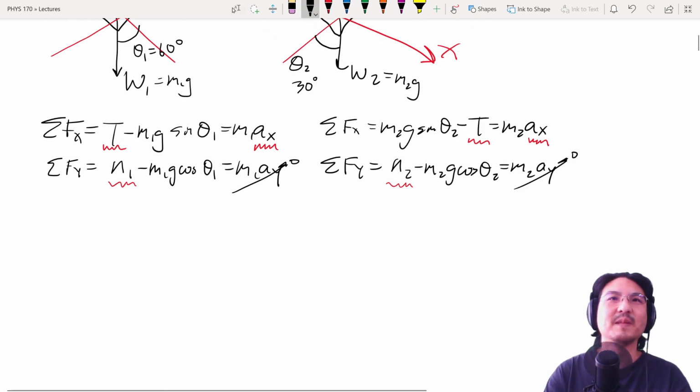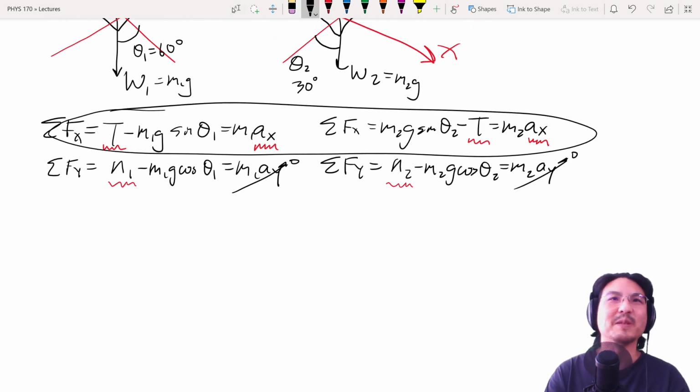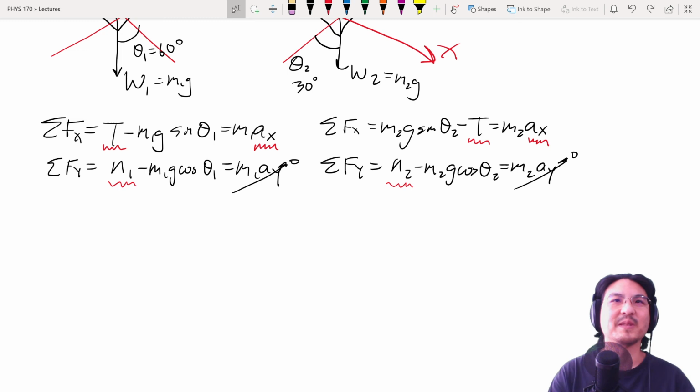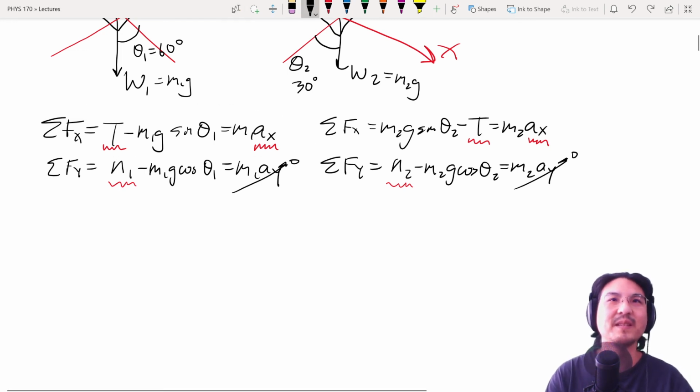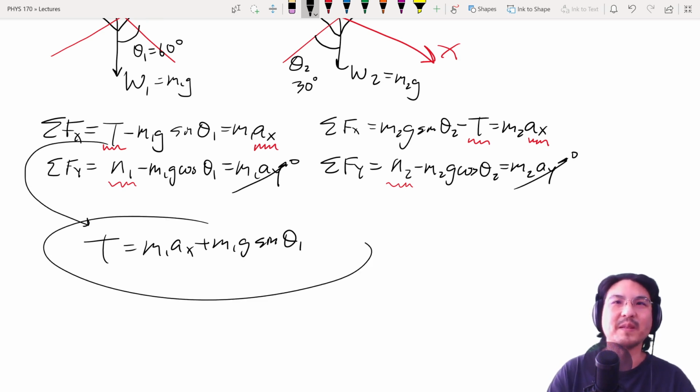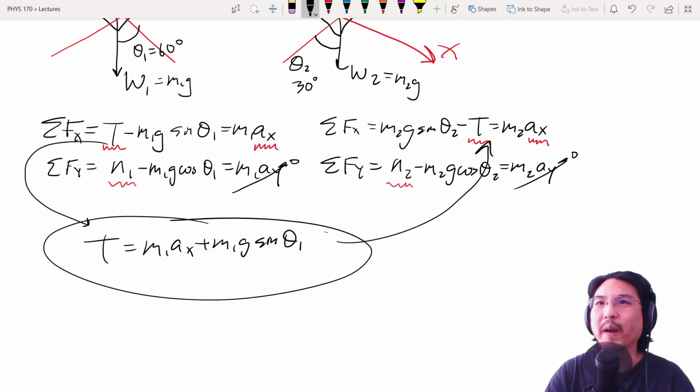Okay, so look, 2 equations, 2 unknowns. I'm going to solve this one for T. All right, I solved this one for T. And then I'll take this and put it there.